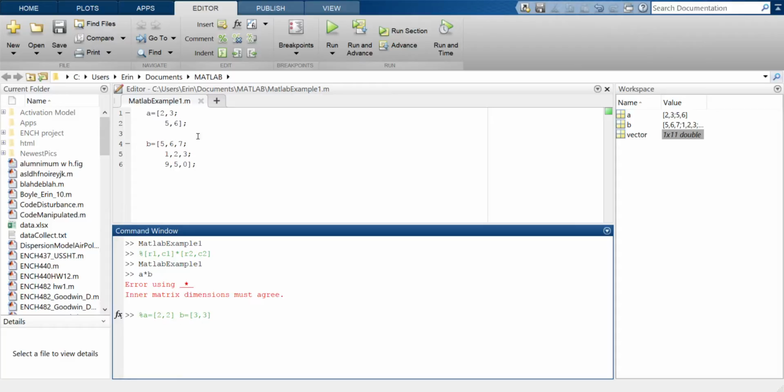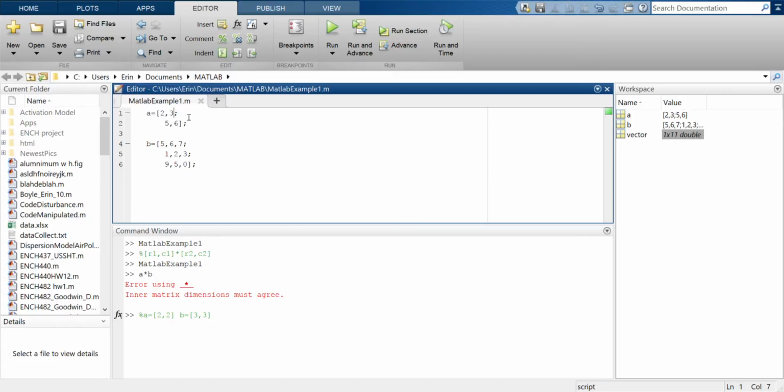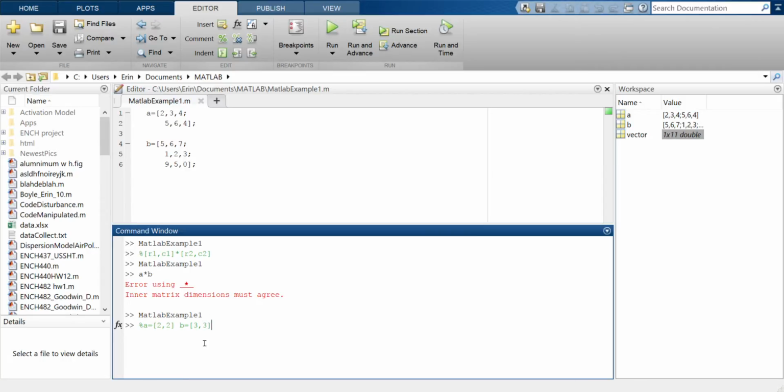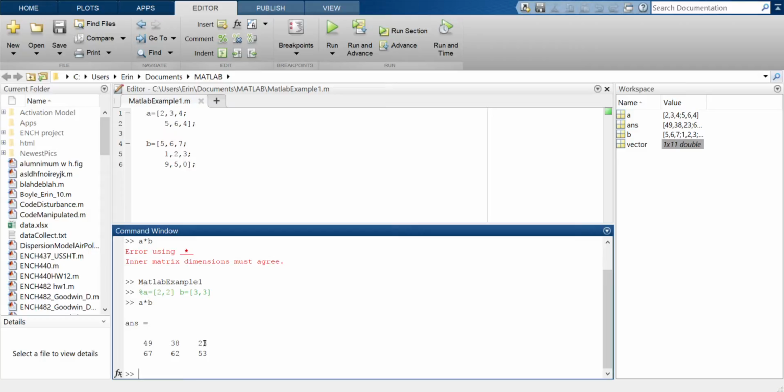What we can do is say, okay, now A is a 2 by 3, and I'm just adding an extra column on there. We now can multiply A times B, and we get an answer.